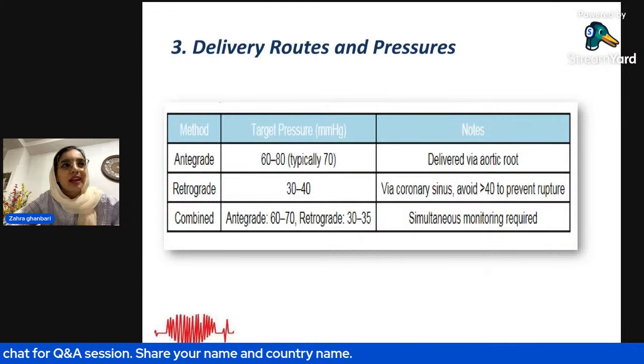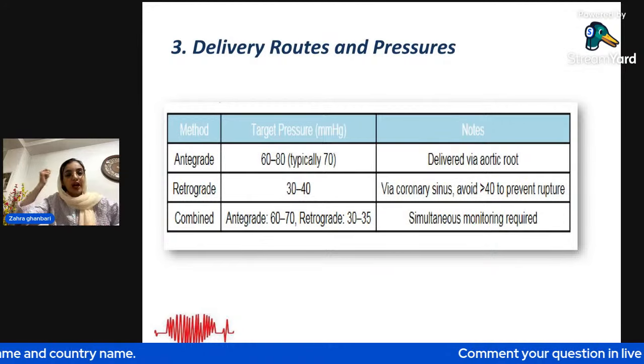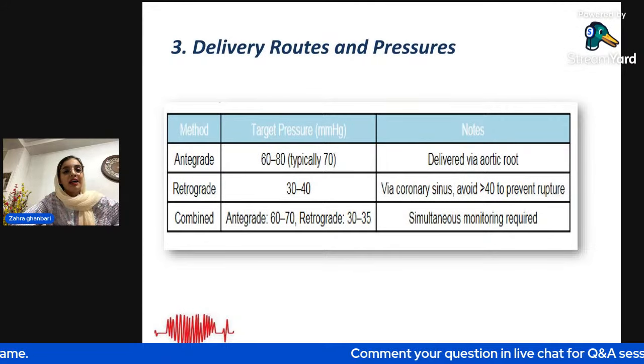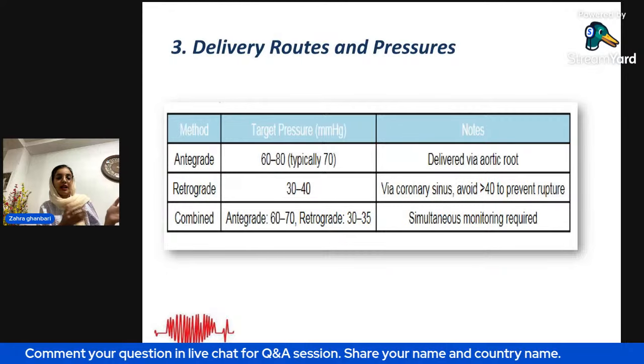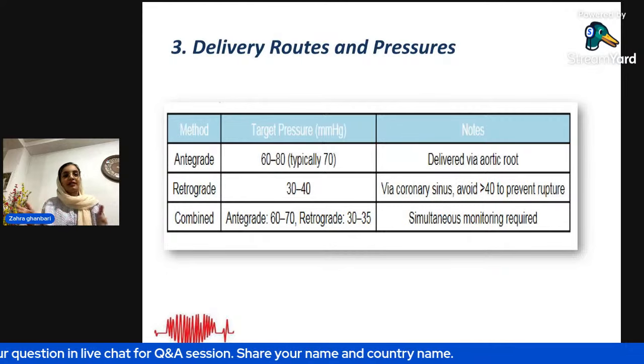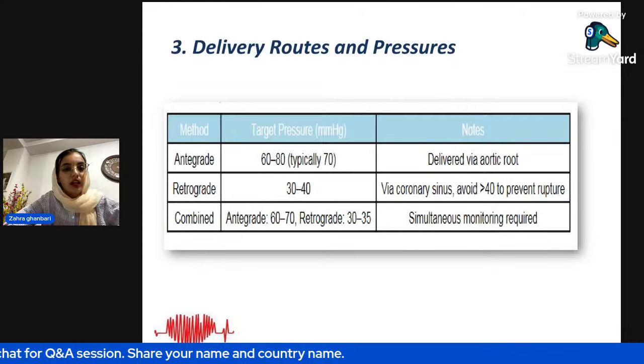And there is another method, ostial. We directly inject the cardioplegia solution, for example, in the left coronary artery, LCA, or RCA, right coronary artery. So go to the next slide, please.